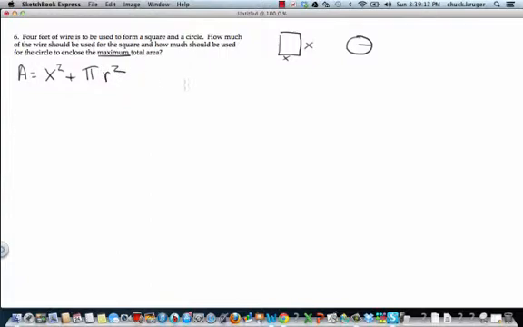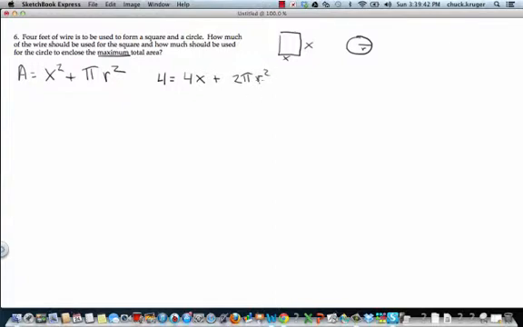And right here I'm told that I have 4 feet of wire for both of these. So that means 4 has got to equal the perimeter of this square plus the circumference of the circle. The perimeter of this square is going to be 4x, and the circumference of this circle is going to be 2 pi r.